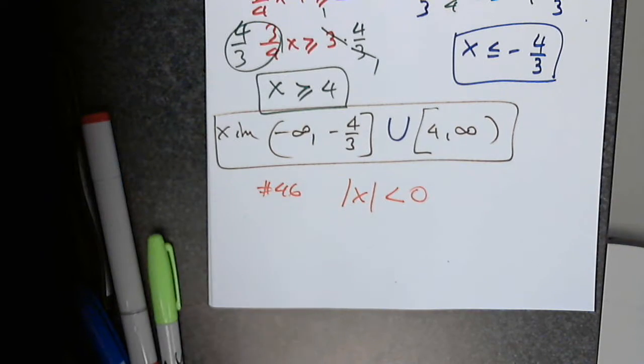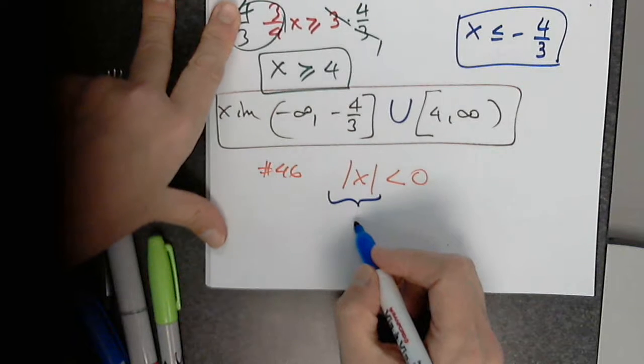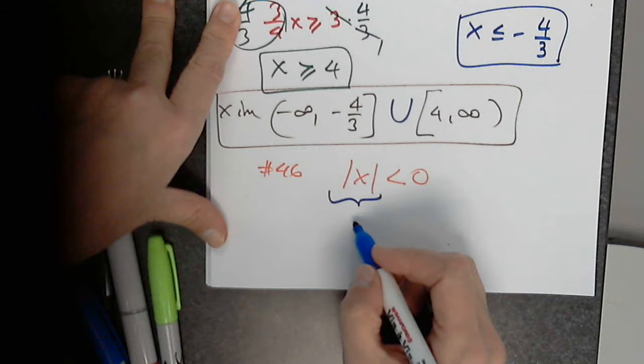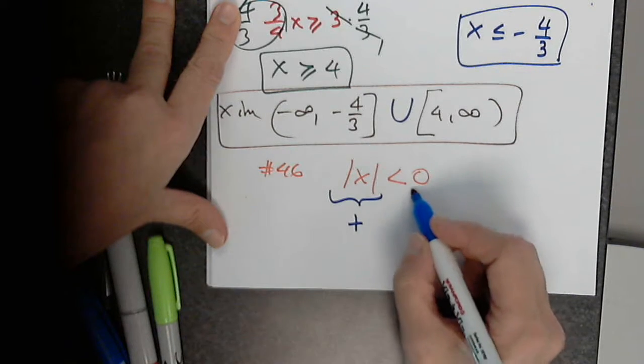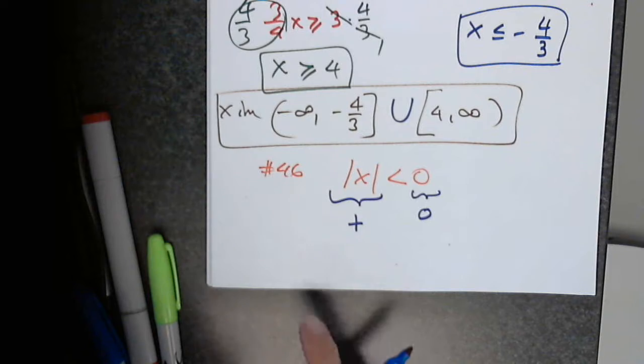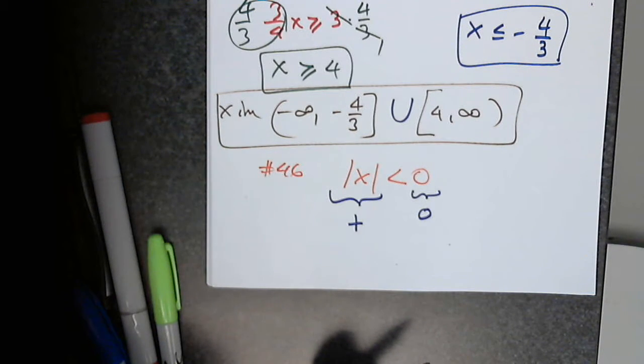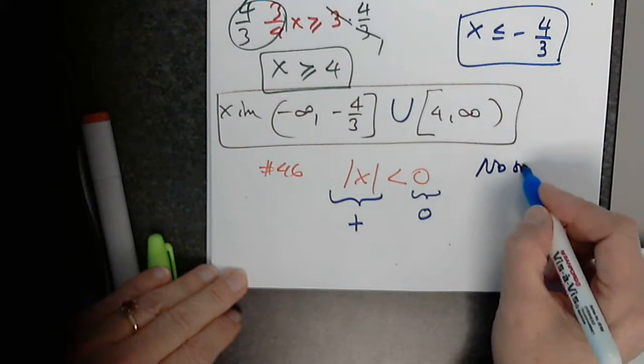Look at this carefully and ask yourselves, what type of number is this? Always. What type of number is this? Well, an absolute value is always positive or 0. Can you give me an example that is a positive number less than 0? No. So what do we conclude? No solutions.